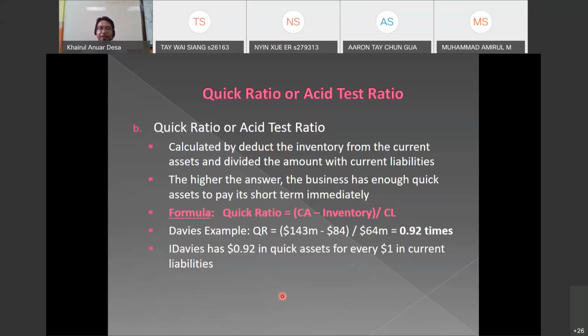We test all the ratios here, and you must determine where is the problem of the company and then give the suggestion. You must explain all the results and give your justification. Is this company in good condition or not?